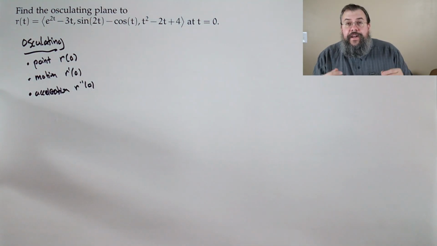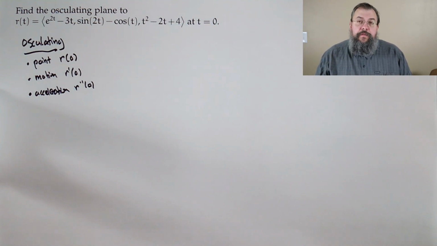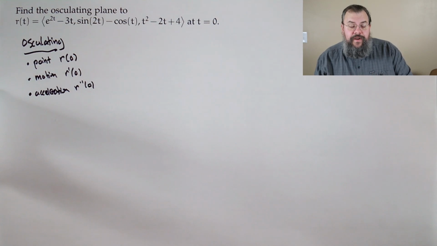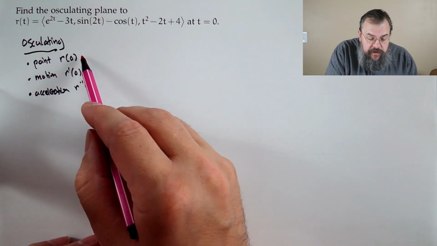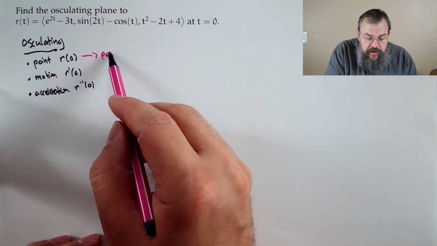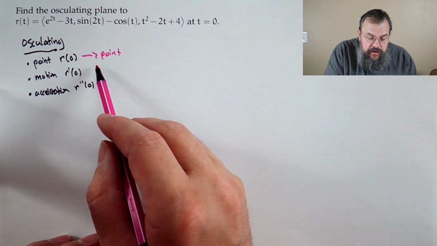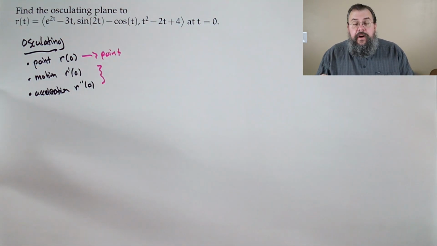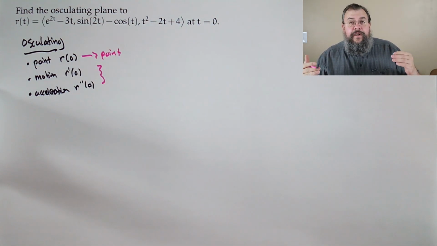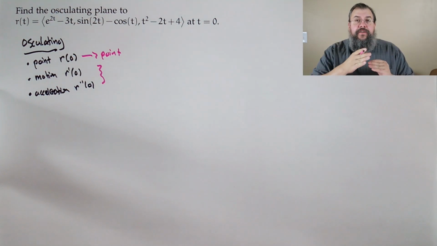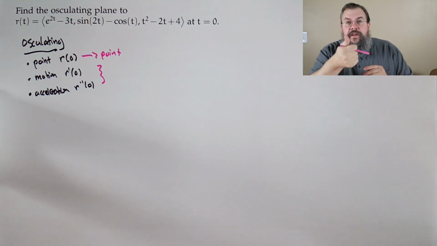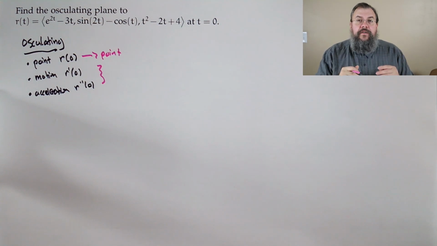So that's great. Now how do we actually find our osculating plane? Well, the point is a point, so this would give us our point. Now, the other two pieces are vectors, because we think of motion as a vector. It has a direction and a magnitude. Acceleration is a vector, it has a direction and a magnitude.